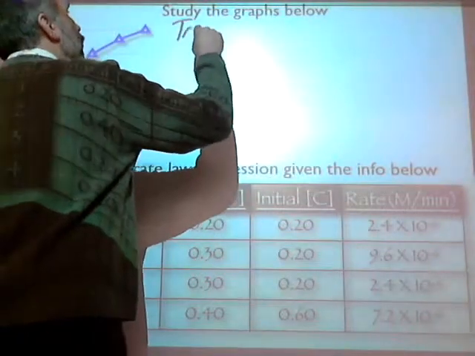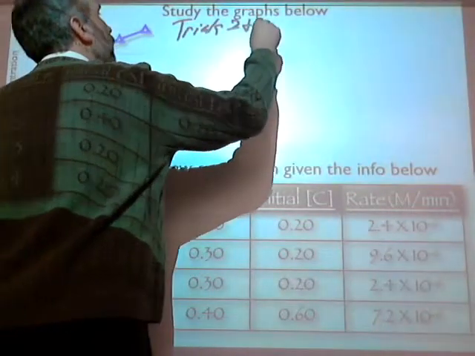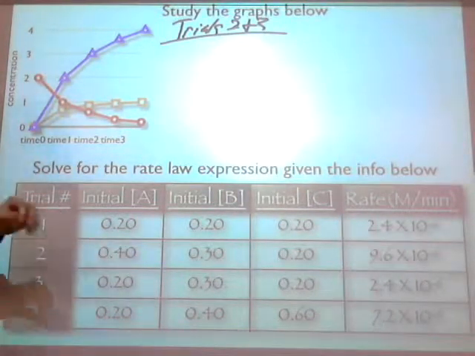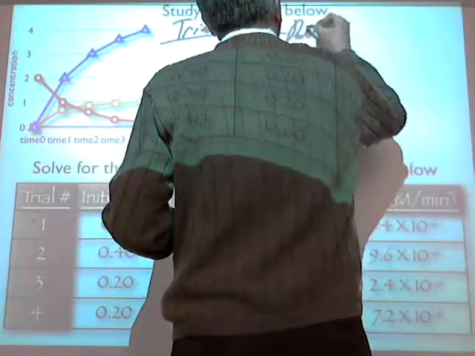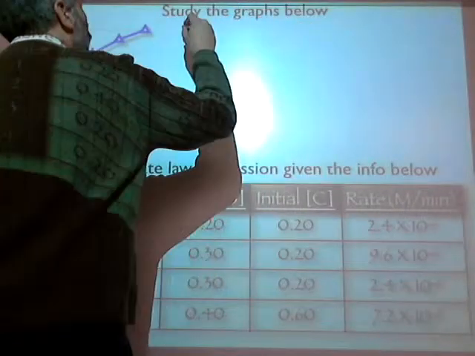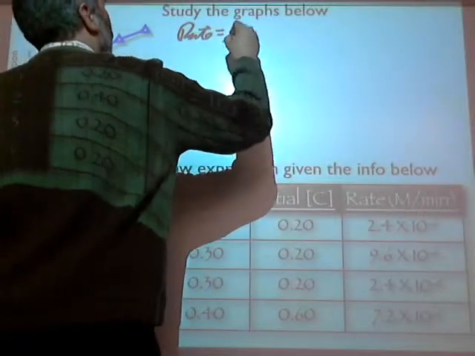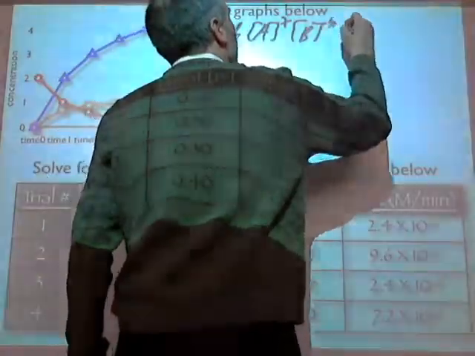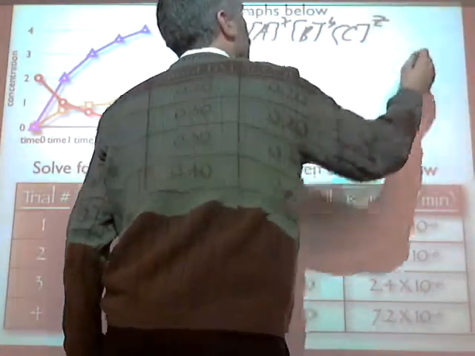You would simply write down trials 2 and 3. That's what you write first. And then underneath that, you would write the rate law expression and put down what happened. Rate law expression, rate equals K, A to the X, B to the Y, C to the Z. I better write it over here. It's not going to have enough room over there. Okay?